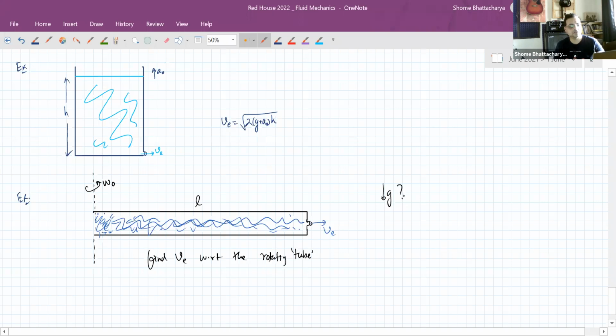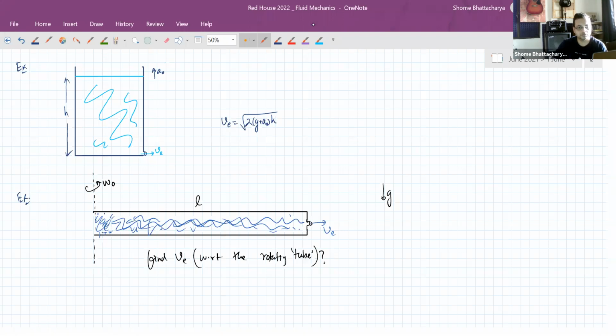Gravity is acting like this. Just try this out, people. So again, consider this to be an orifice. So its area is very small compared to the area of cross section of the tube.